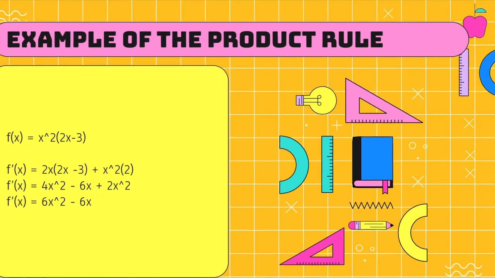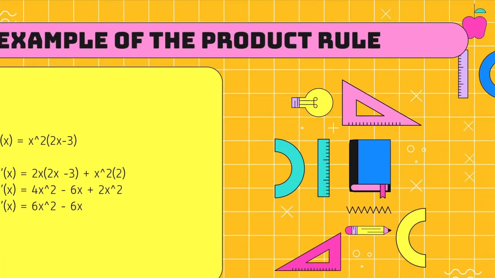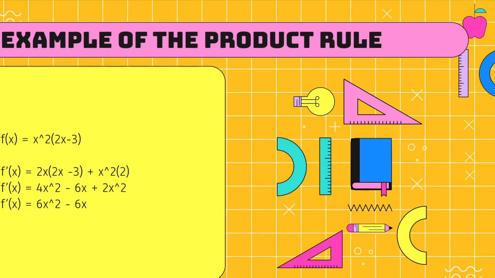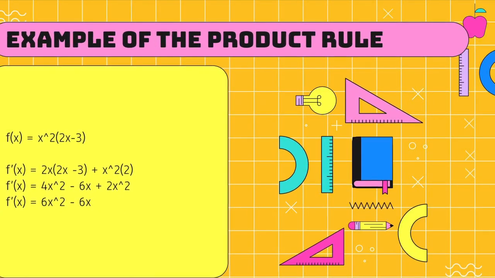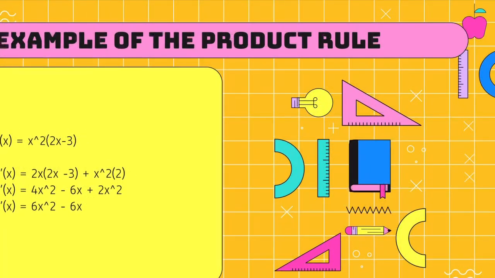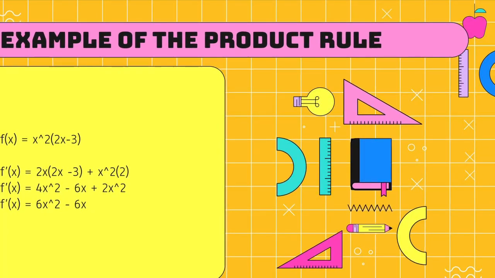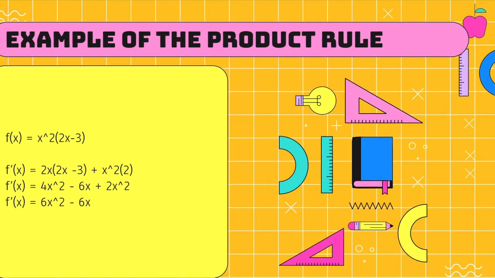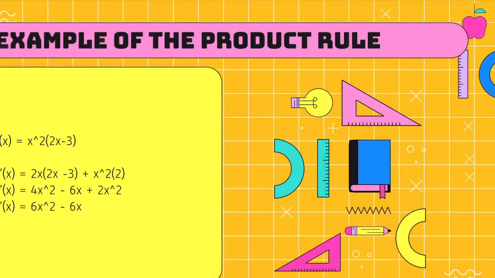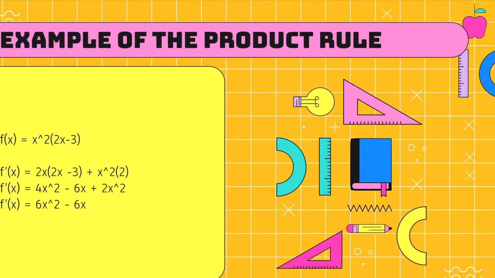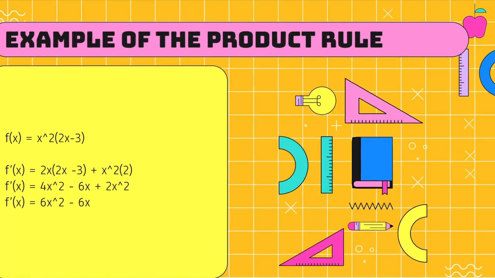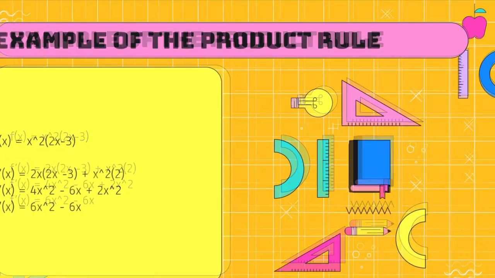Now let's just remind ourselves of the product rule, which is u times v equals u prime v plus v prime u. Now let's just apply. So in this equation, the x squared is going to be the u and 2x minus 3 is going to be the v.